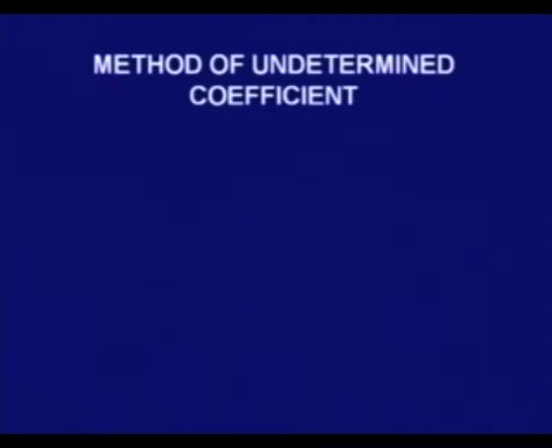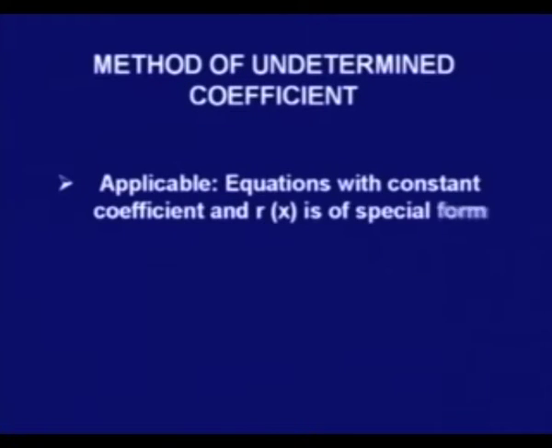First let us learn where this method is applicable. This method is applicable to equations with constant coefficients. So, we would be dealing with only linear equations with constant coefficients, and the right hand side R(x) is also of a special form.